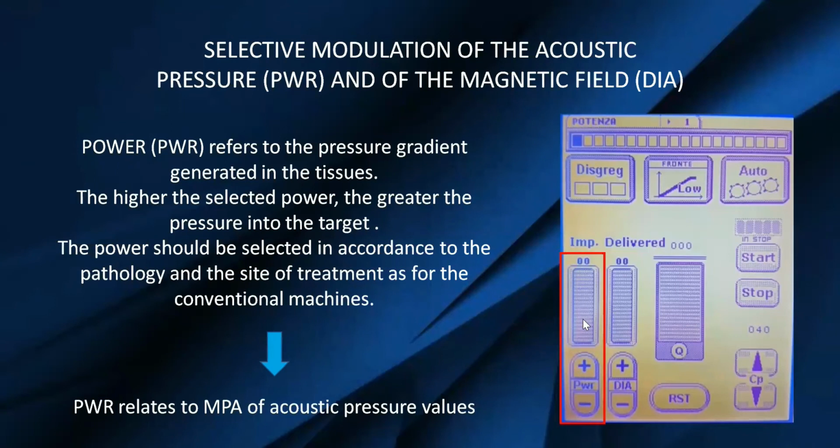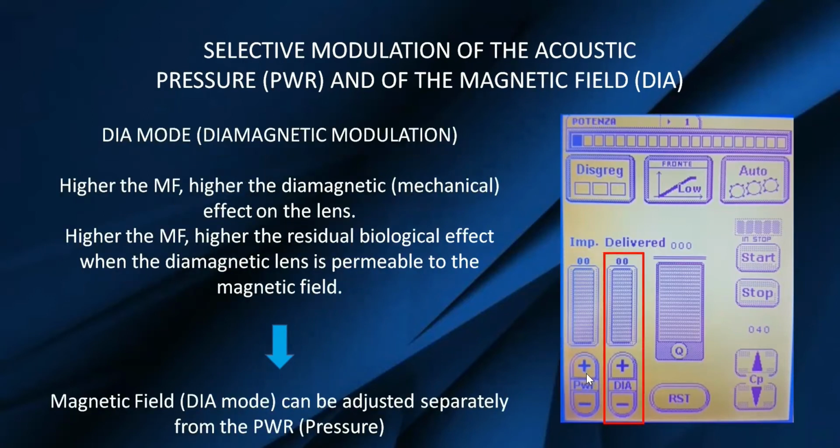Here we can change the pressure, and the power is referred to the pressure that the first condenser of the machine can deliver, while the possibility to change the magnetic fields gives the possibility to have a greater secondary effect of the shock waves, that is the modulation of the impulse inside the tissue.